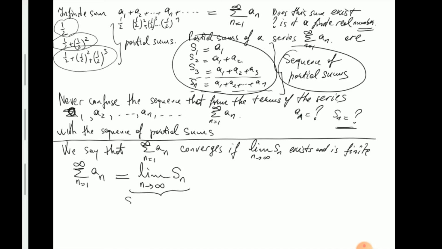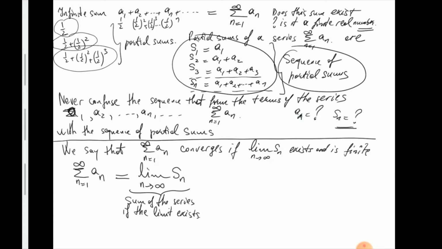So the sum of the series is this limit. So if the limit exists, we can only say what an infinite sum is in terms of equal to a number insofar as this precise limit exists. If it doesn't, then the series is divergent.